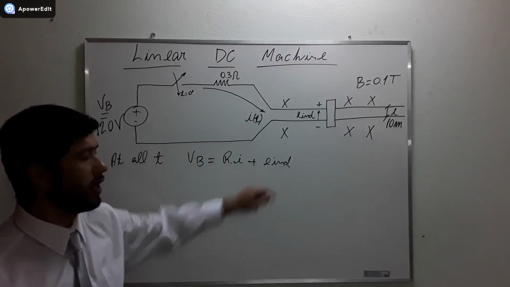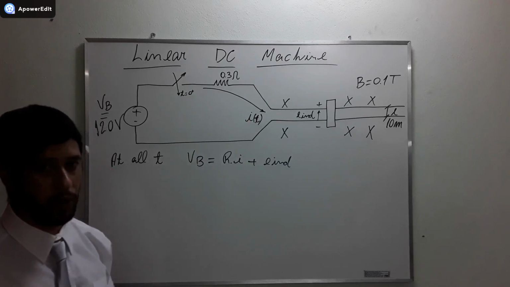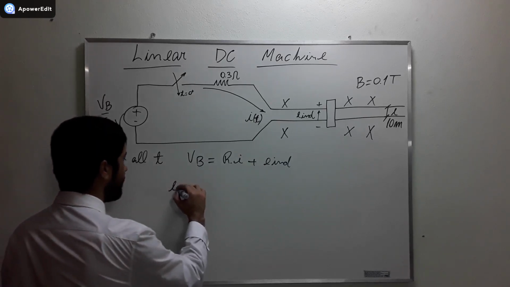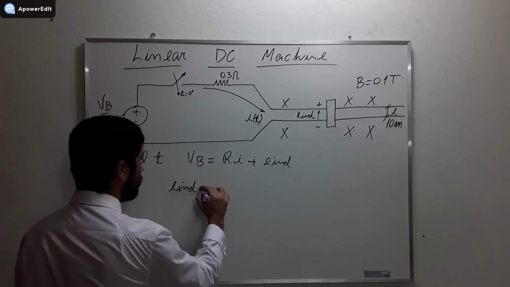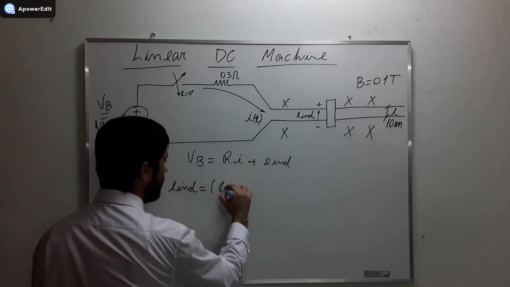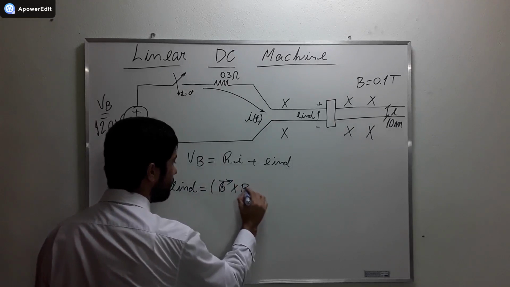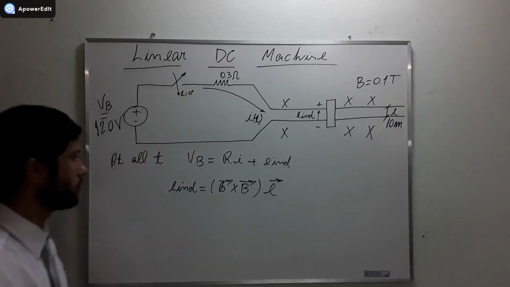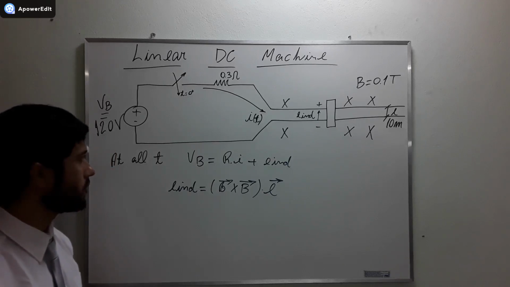We need to know the induced voltage. How do we know that? The law of induction says e_ind is equal to v cross B dot L. Do you guys get it?